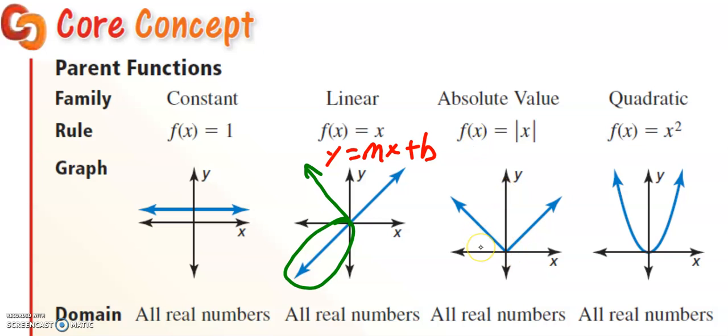The x coordinates can be negative, that's okay. And we get this V sort of shape, and then the quadratic function, which we also call a parabola, is f of x equals x squared, and this is our parent function for that.